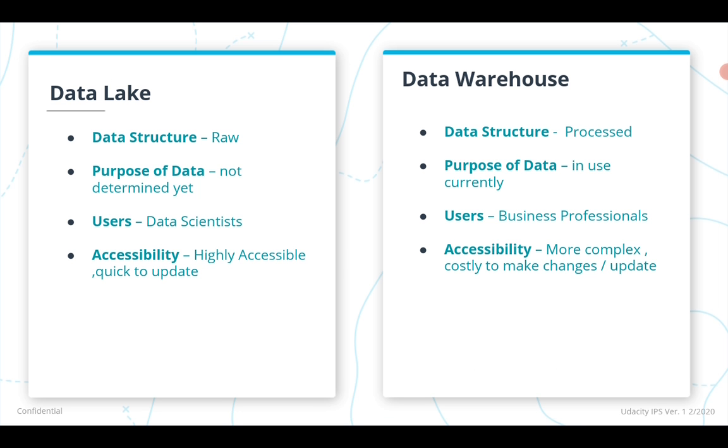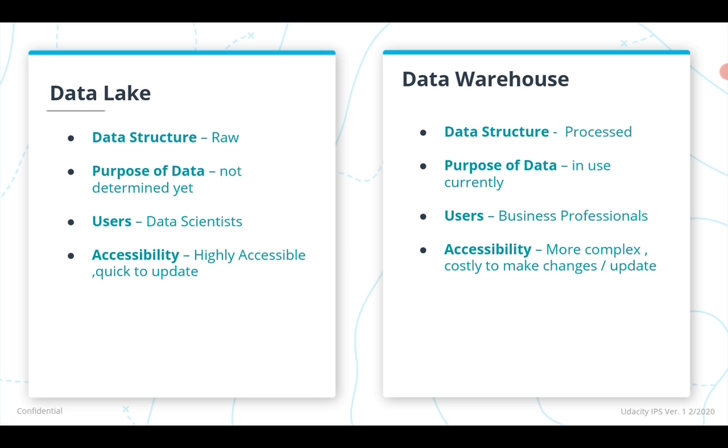In terms of purpose of the data, for a data lake, it is not yet determined because it contains a huge amount of data which has not been thoroughly analyzed, and so we keep a big dump of data which will be analyzed and applied with various analytical models and further analytical techniques. Whereas in the case of a data warehouse, the data has already been processed and is currently in use. So we know the purpose of why the data warehouse is being built.